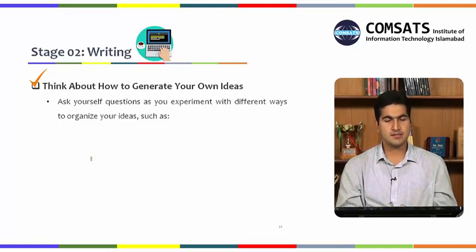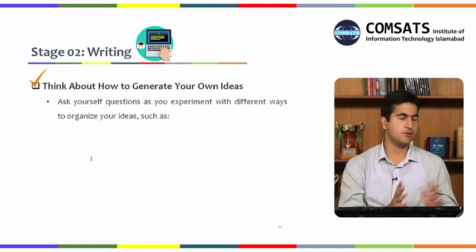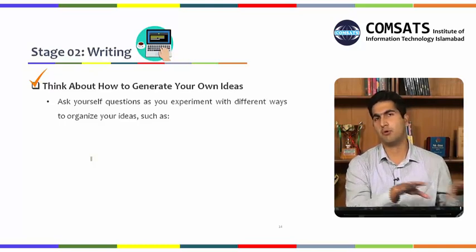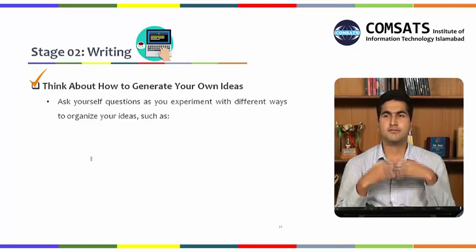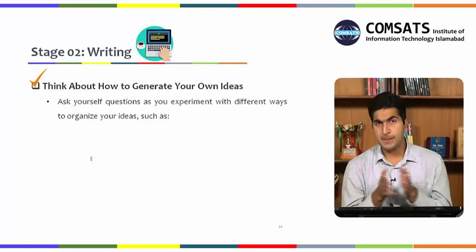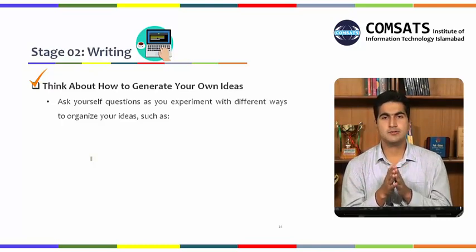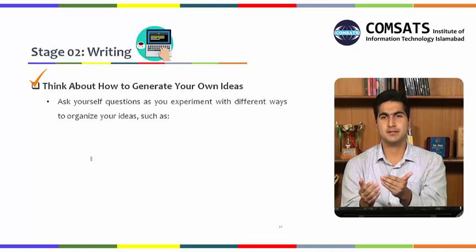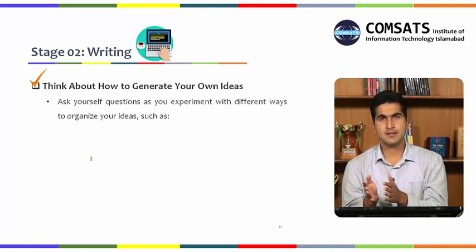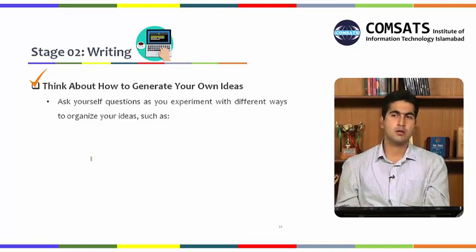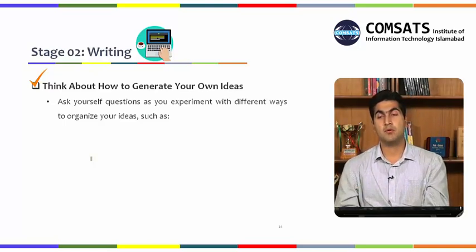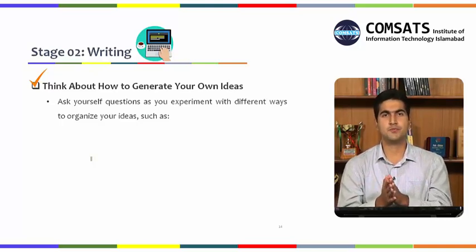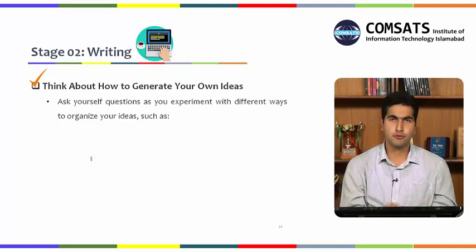But this exercise of generating ideas is not just restricted to extracting points to write. These ideas are versatile, and they could also be related to how to write this content in such a way that it would be more comprehensible, more legible, and easy to read by your audience. So that's why this idea generation process would continue throughout your writing.